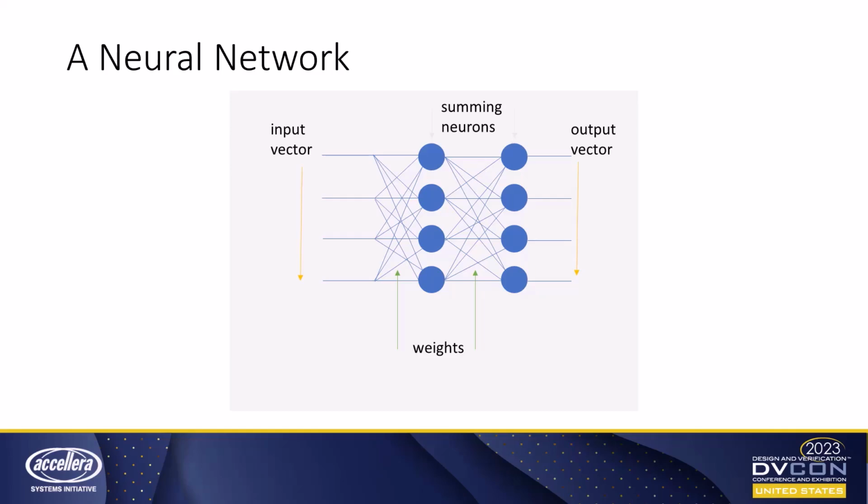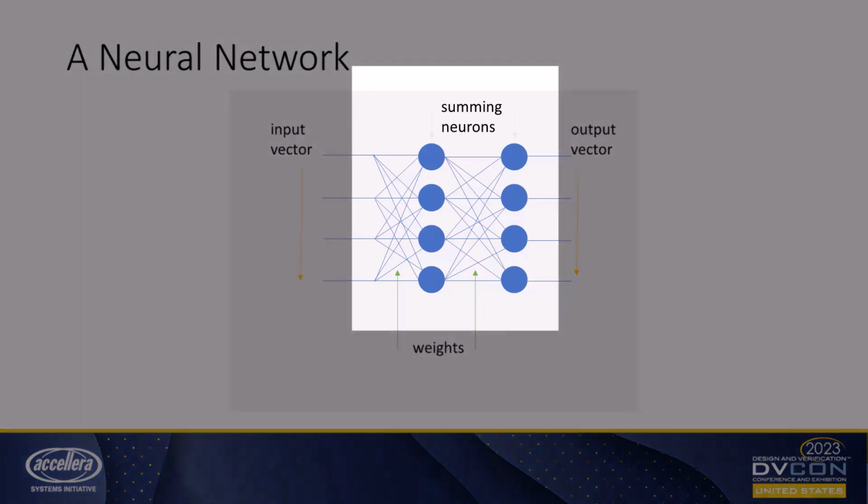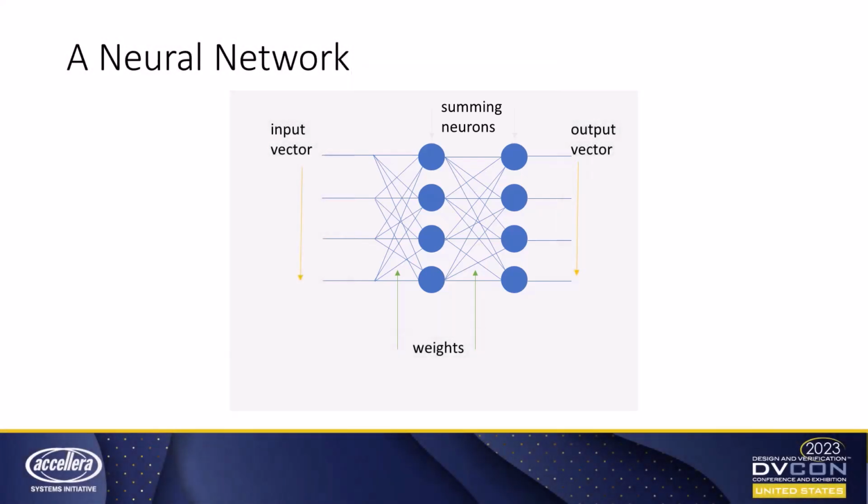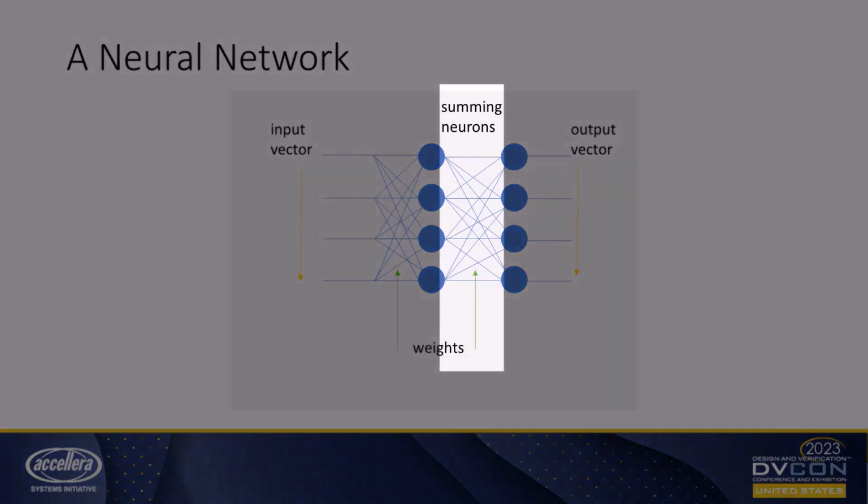A neural network that's used for machine learning, also known as computer inference, consists of a bunch of nodes that are arranged typically in layers, and each node in a layer is connected to multiple nodes of the layer next to it, and each of those connections is associated with a weight.